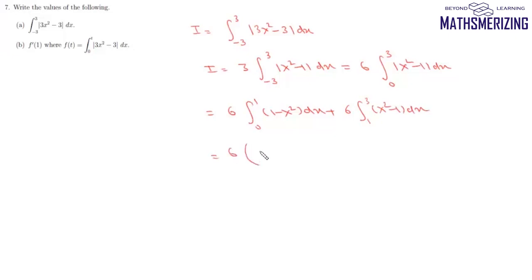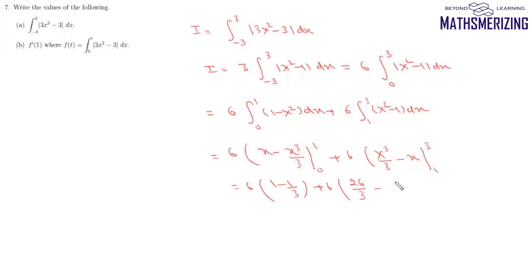So we can write this as x minus x cube upon 3 from 0 to 1, and then plus 6 times x cube upon 3 minus x from 1 to 3. Now here it will be 1 minus 1 by 3, and this one will be 27 minus 1, so it should be 26 by 3, and then minus 3 plus 1. So it will be minus 2.